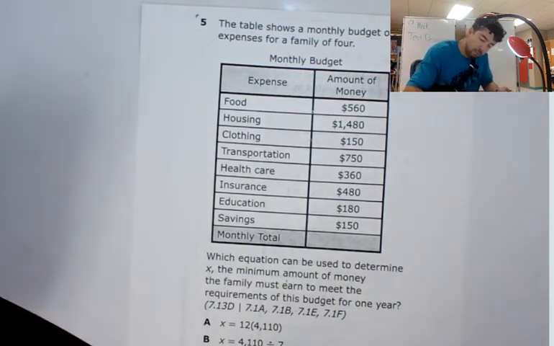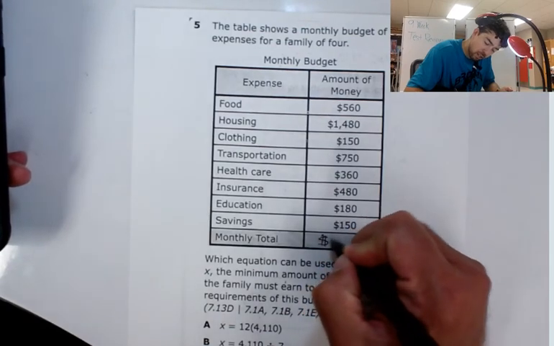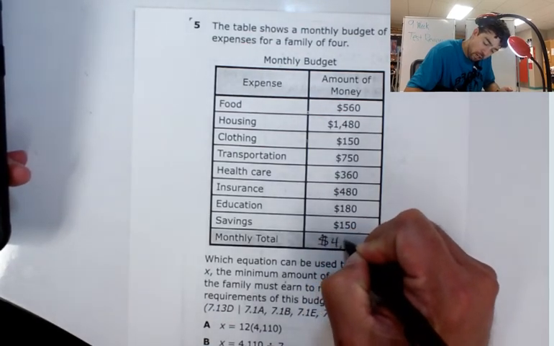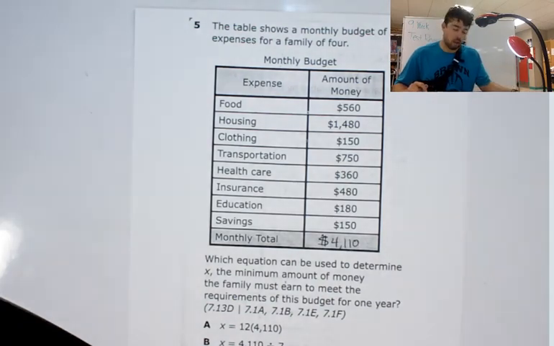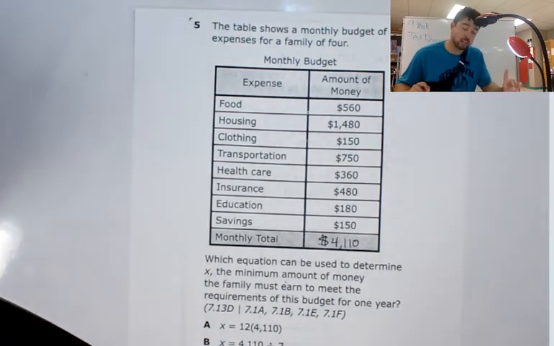If we add them all up, it ends up being $4,110. And then I just told you how you're going to determine how many hours you need to work.